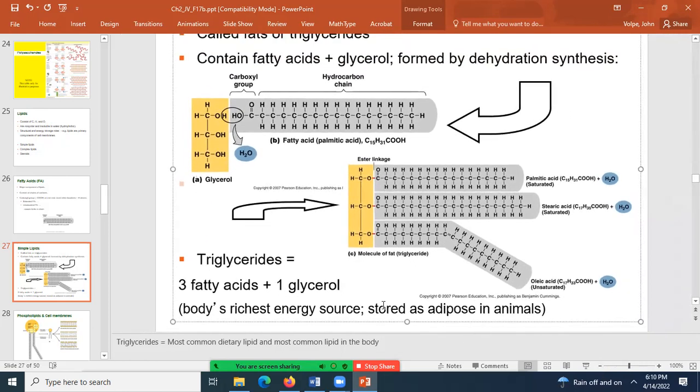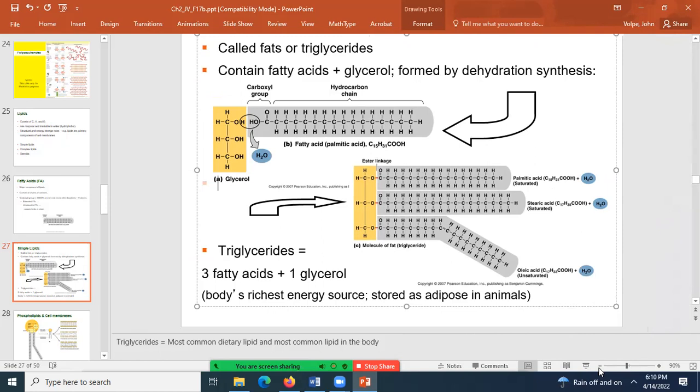So I think I mentioned triglycerides are named because there's 3 fatty acids and 1 glycerol. Oh, and we should say that this is an example of a monomer, 2 monomers, a fatty acid and glycerol coming together to form a triglyceride.